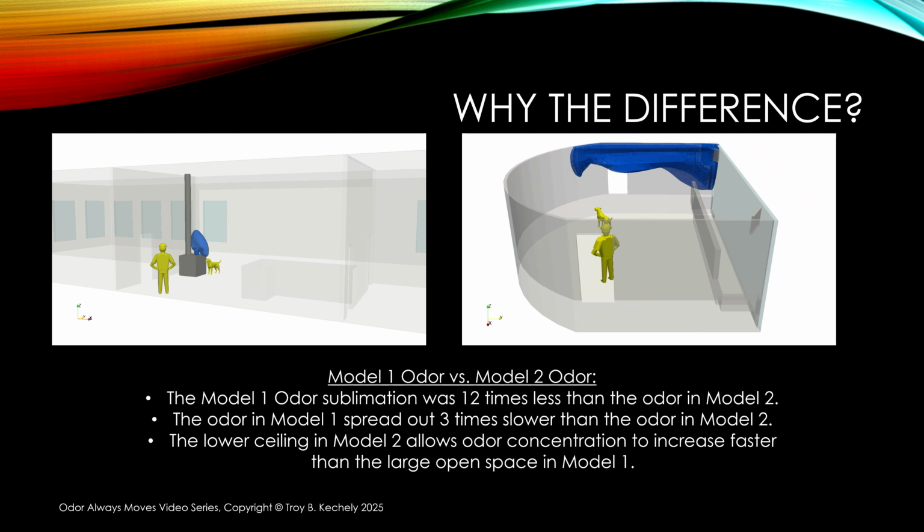So several things were contributing to the difference, but this goes back to the importance of understanding concentrations, sublimation rates, how the source material you're looking for behaves in those settings, and the fact that temperature differentials in an environment will result in odor movement.